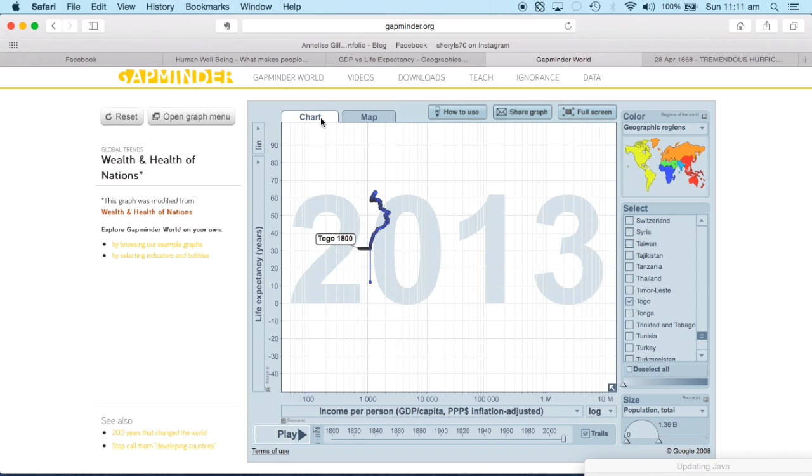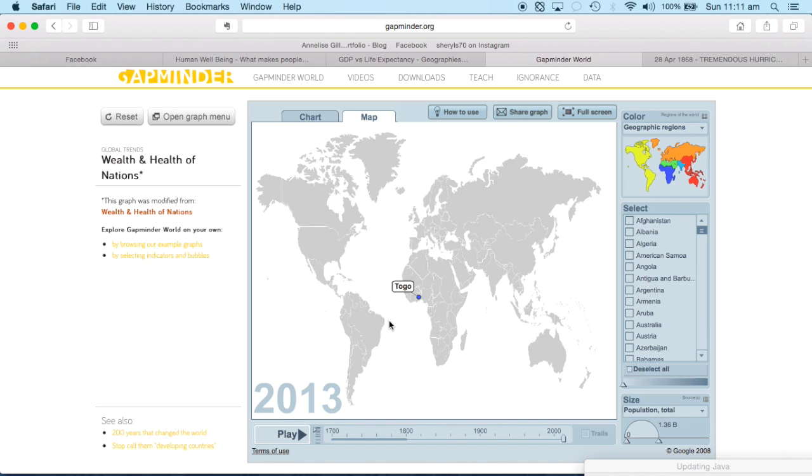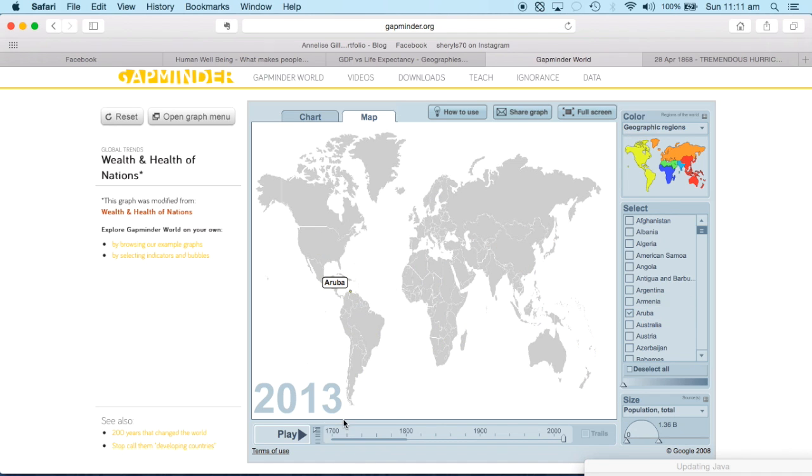Now, the other thing I'll just point out is that you have this map feature. So if you don't know where Togo is, or any of these countries are, you can click on that map feature. Let's just deselect all. And it will show you where those countries are.